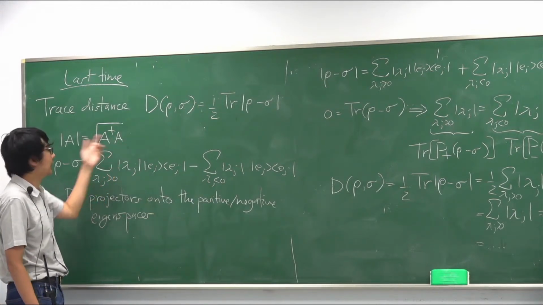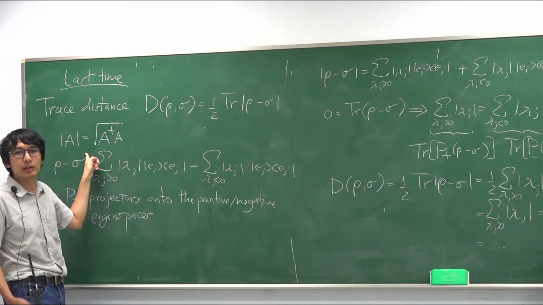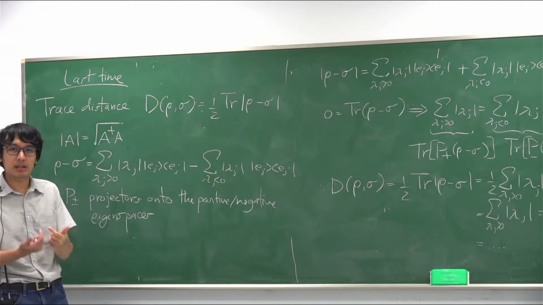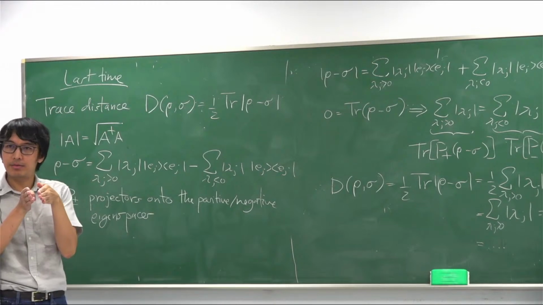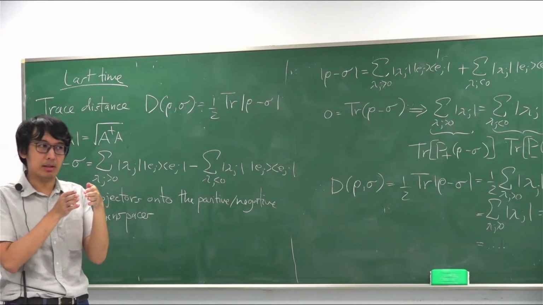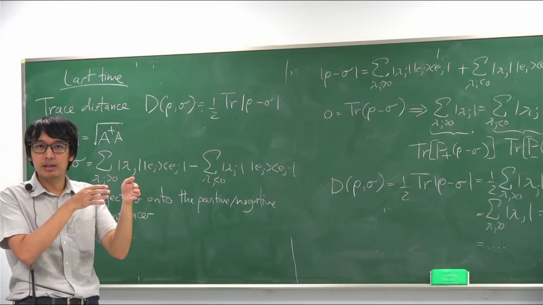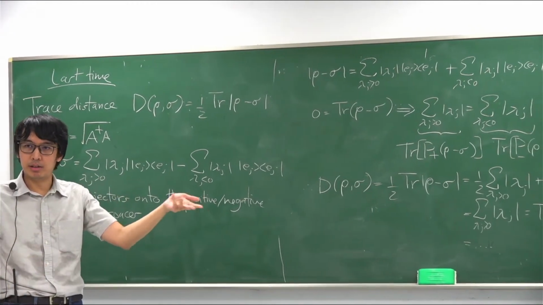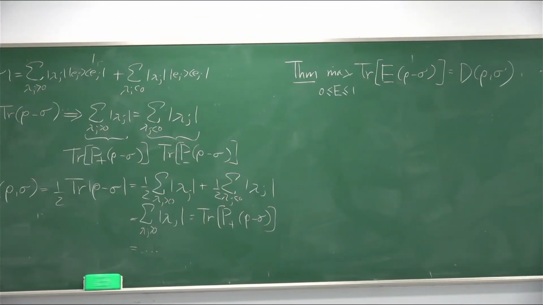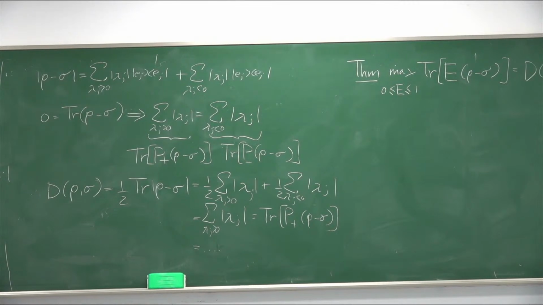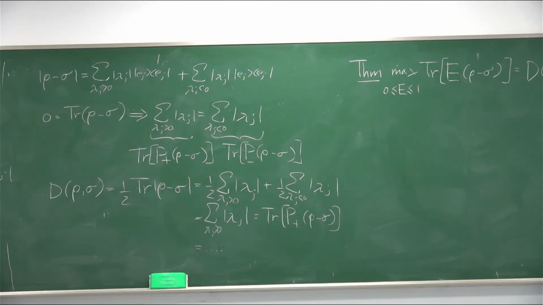Because for an arbitrary matrix A, if you do a polar decomposition, you can write it as a product of a unitary on the left times a positive matrix on the right, or the other way around, a unitary on the right and a positive matrix on the left. And this is one of the positive matrices that you can construct. The other one is the square root of A A dagger, of course. And so this is the meaning of this absolute value of matrices here.